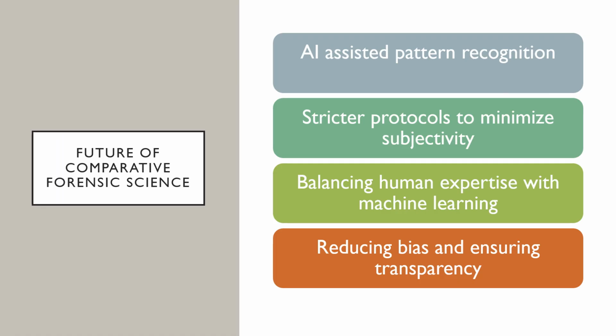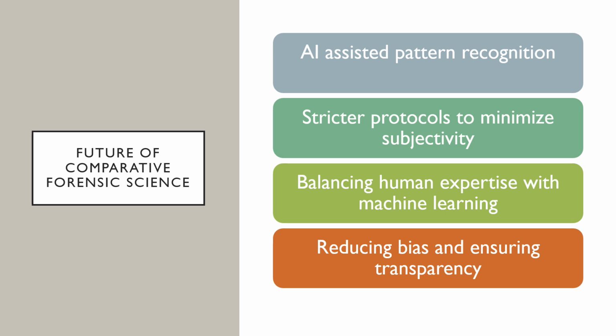Looking ahead, the field of forensic comparison is evolving with new technology and methodologies. Advancements in AI and pattern recognition, where machine learning can assist forensic analysts in comparing fingerprints, tool marks, and handwriting, is progressing every day. 3D imaging and high-resolution analysis, these techniques improve forensic accuracy by capturing microscopic details.